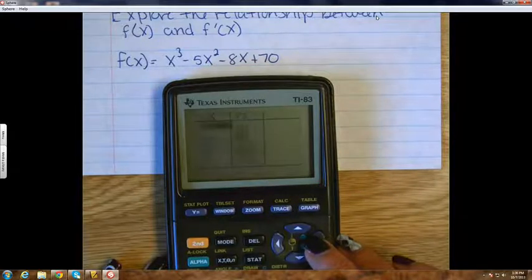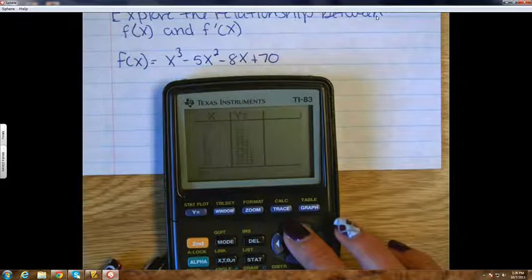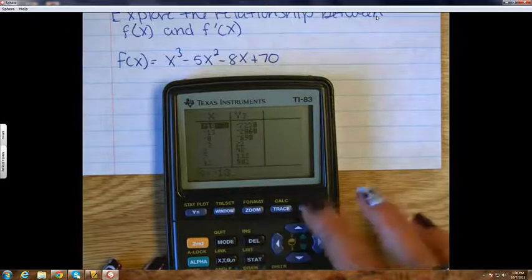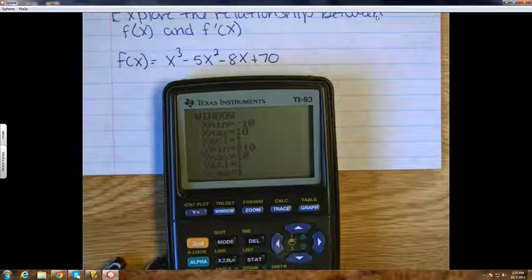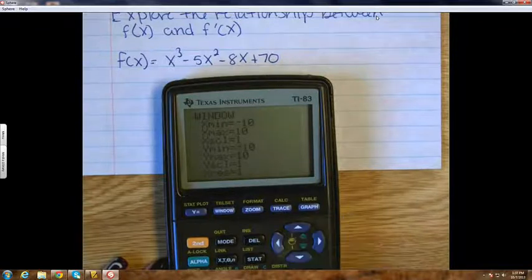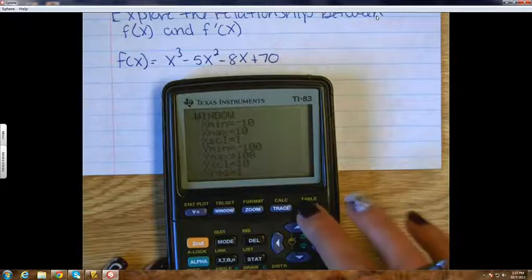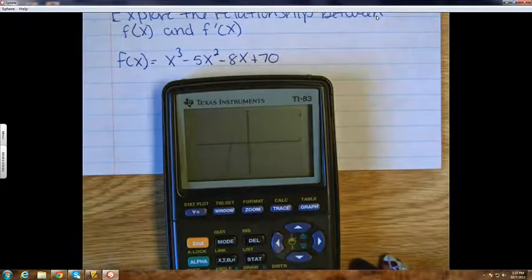Okay, so y is getting large very fast. Okay, and that's for the y's there. Window. Negative 100 to 100 and see what we get. Okay.